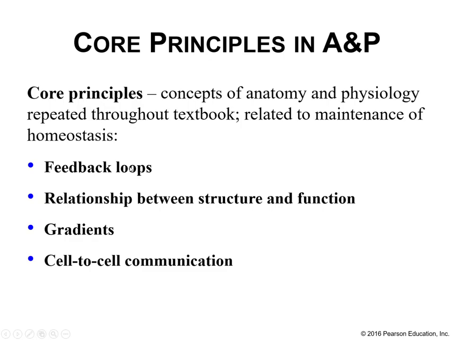And these 4 core principles are our feedback loops. We have positive and negative feedback loops, relationship between structure and function, gradients, and gradients will be a big core principle this semester, and cell-to-cell communication.